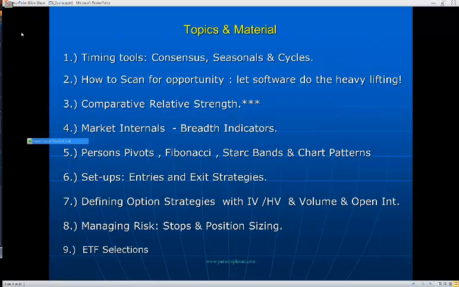Now, the topics and materials we're going to cover today: some of the timing tools that I use, the consensus contrarians, how you can get that, some seasonal analysis, and I have some charts for you and some cycles, how to scan for opportunities, and how we let TradeStation use it, and what we can utilize to maybe give us a better trade concept. Some comparative relative strength.